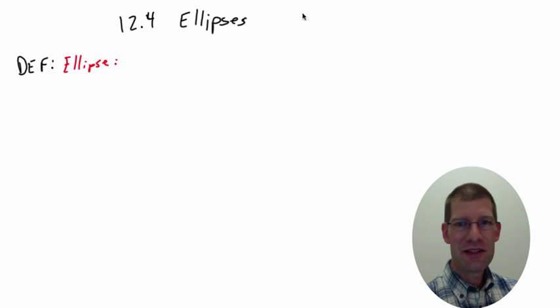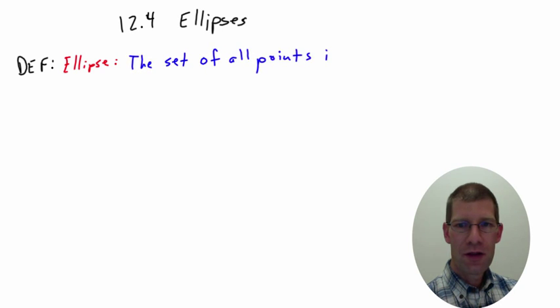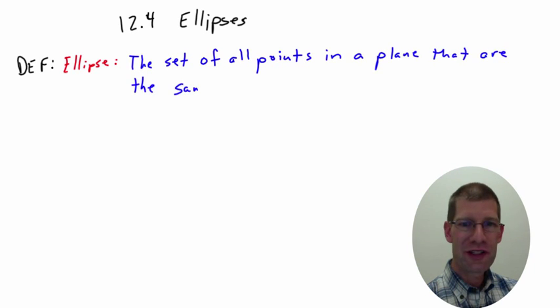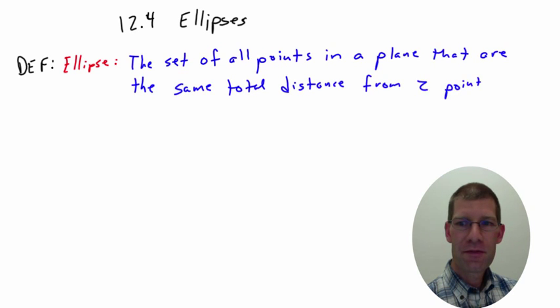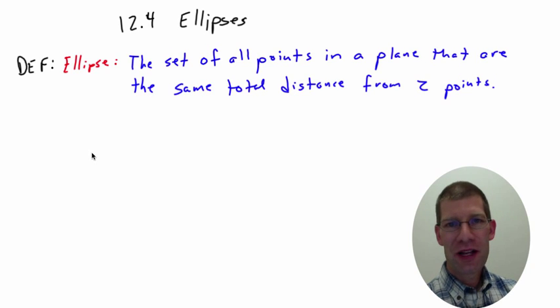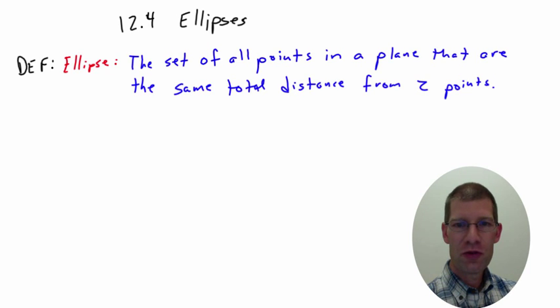An ellipse is the set of all points in a plane that are the same total distance from 2 points. So an ellipse, the set of all points in a plane that are the same total distance from 2 points.